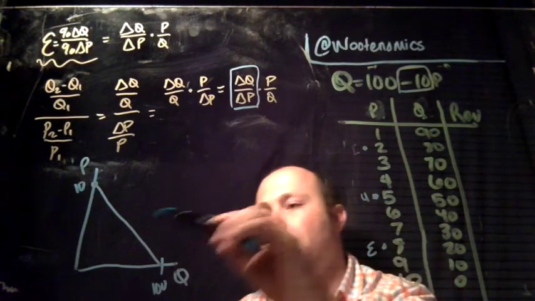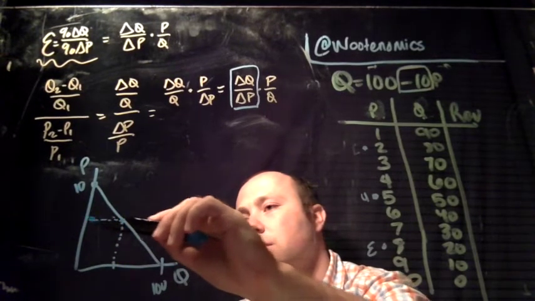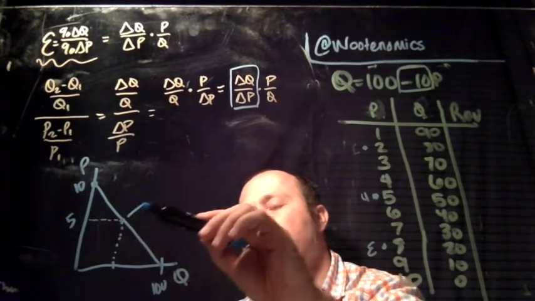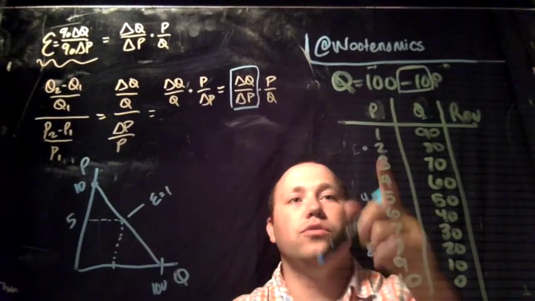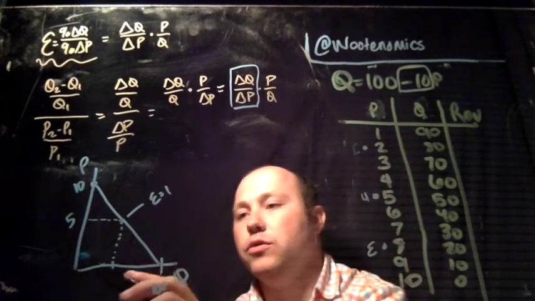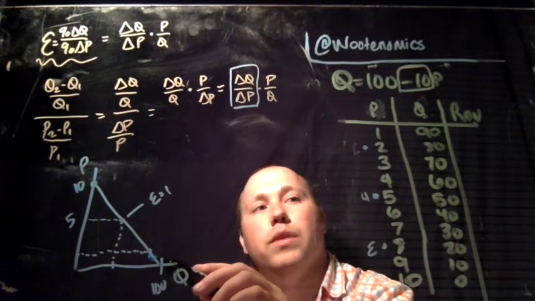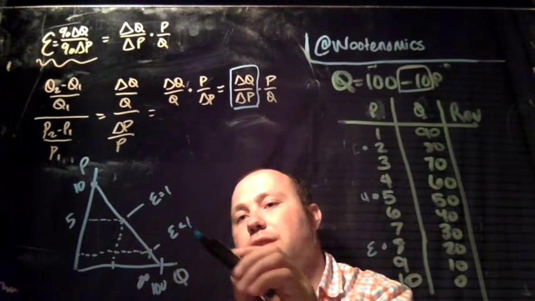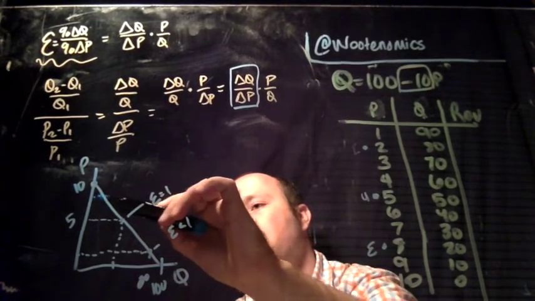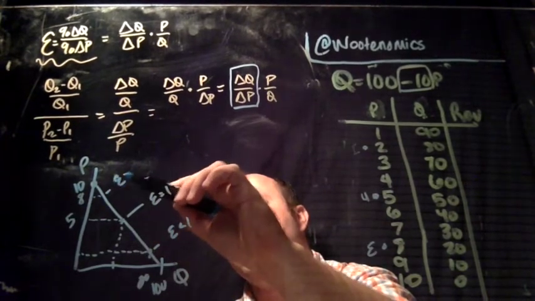We already talked about at a price of 5, we saw that an elasticity equal to 1. We also calculated at a point of $2, when I sold 80 units, had an elasticity less than 1. And at a point of $8, we had an elasticity that was greater than 1.